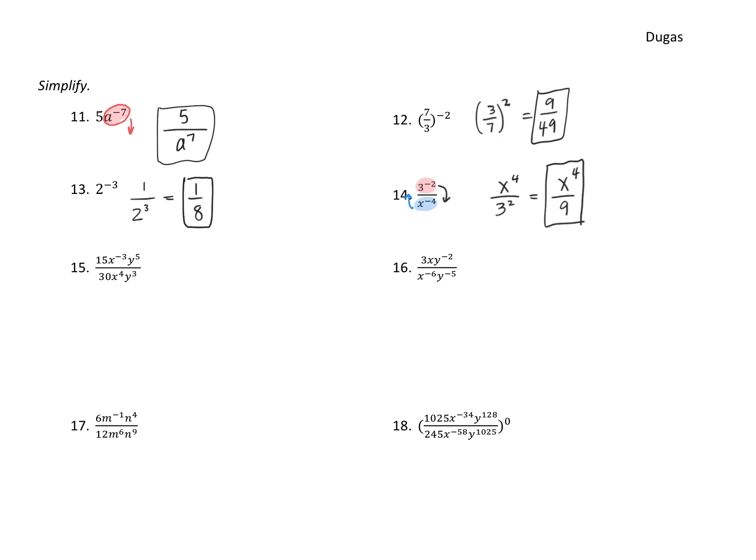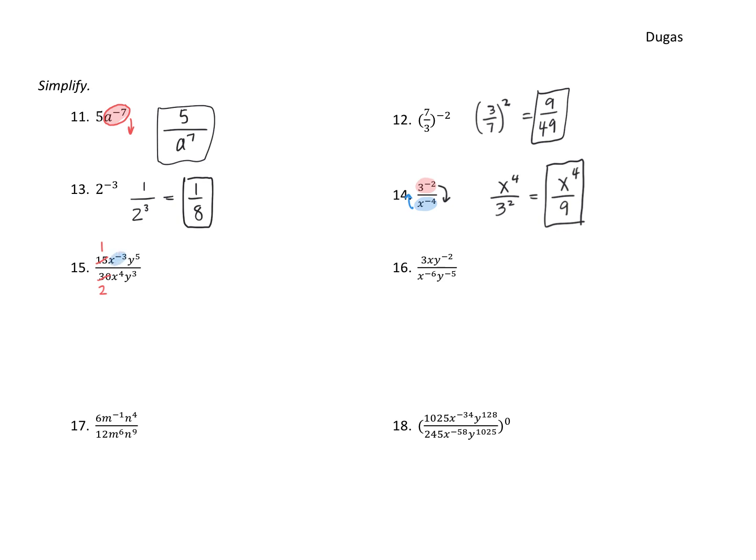Okay, number 15. I have 15 and 30 as coefficients. You can reduce that just like you would a fraction. So 15 and 30 are both divisible by 15. So 15 divided by 15 is 1, and 30 divided by 15 is 2. So those would reduce in that way. I'm going to now move all of my negative exponents, and actually I only have one.